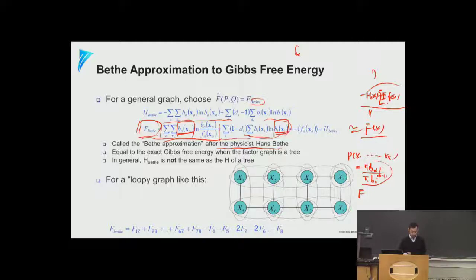Because we believe the Bethe free energy looks like the original free energy, except that originally we used a tree graph, and here the true graph is not a tree graph. But hopefully they are close to each other. So that's basically how it looks. Remember, this Bethe free energy can be defined on any graphical model. You just introduce all the pairwise terms and all the singleton terms, and you weight the singleton terms with their degree.